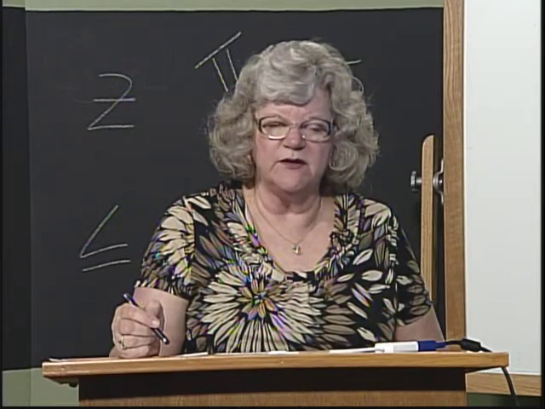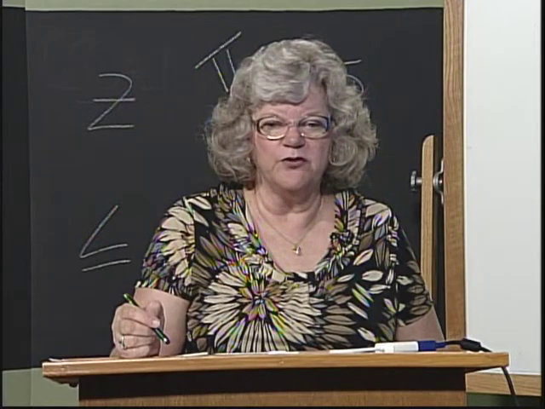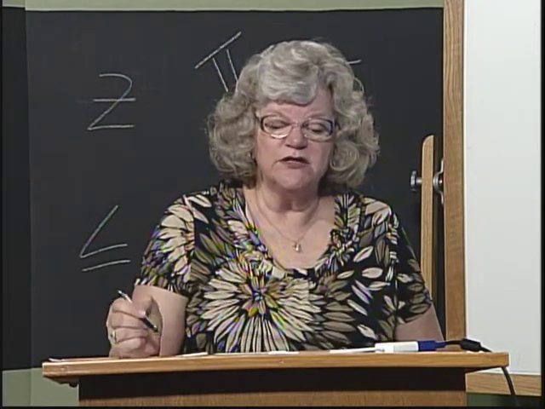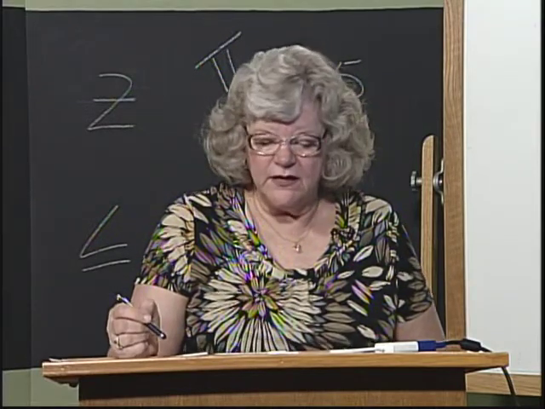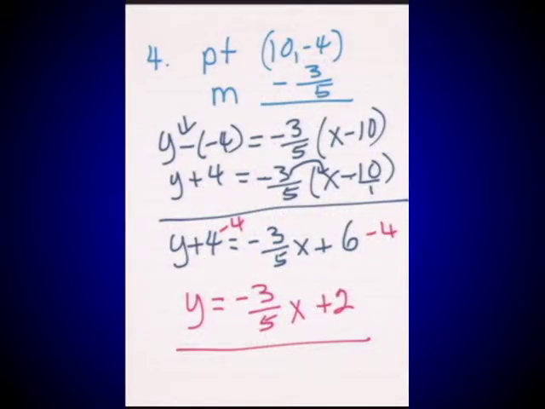When you're doing y equals mx plus b, you don't choose the y of an ordered pair you're given unless its x is 0. So be cautioned there if you want to use the other way. But this is our point slope form, and this is our slope intercept form.